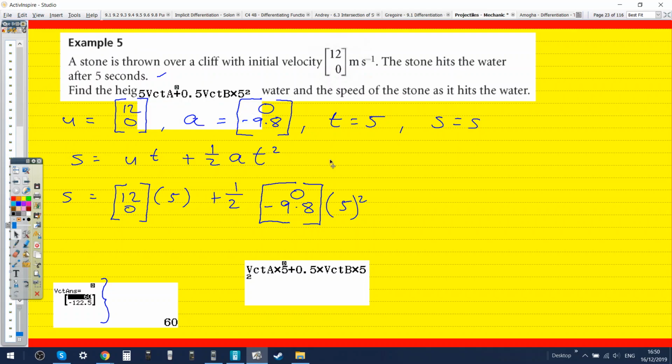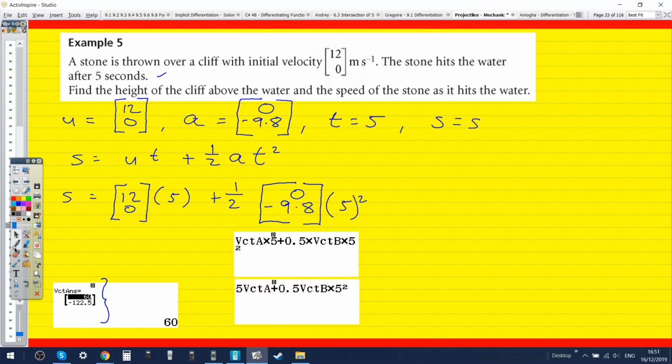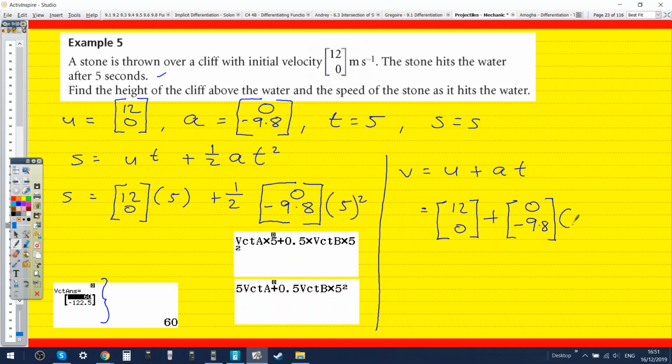Yep. So the U is 12 over 0. The A is 0 over minus 9.8. And then that's times by 5. Yeah.